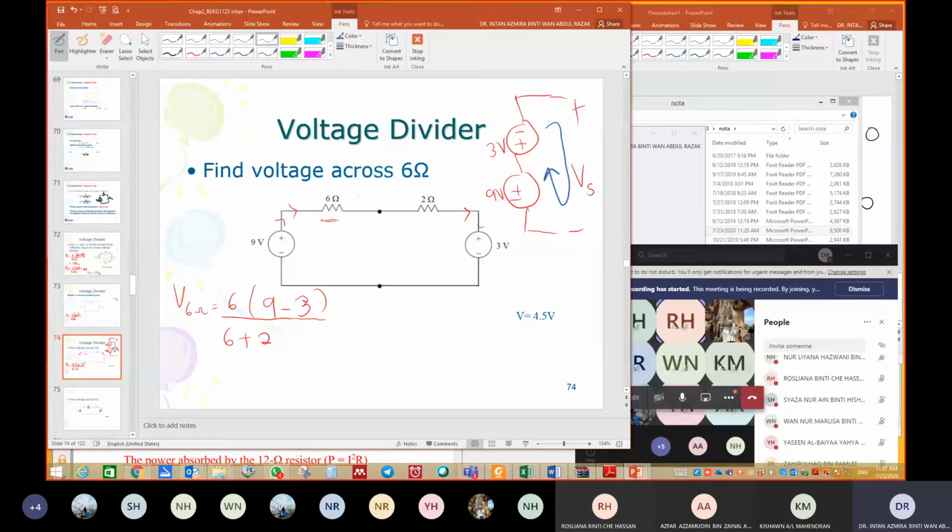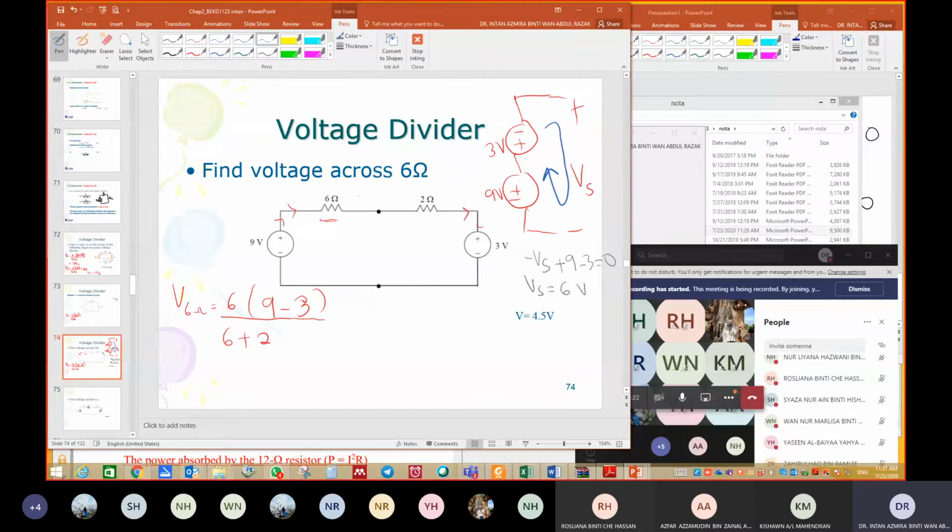Let's start with negative Vs, because I start with the second sign. Negative Vs plus 9 minus 3 equal to 0. Vs is equal to 6 volts.